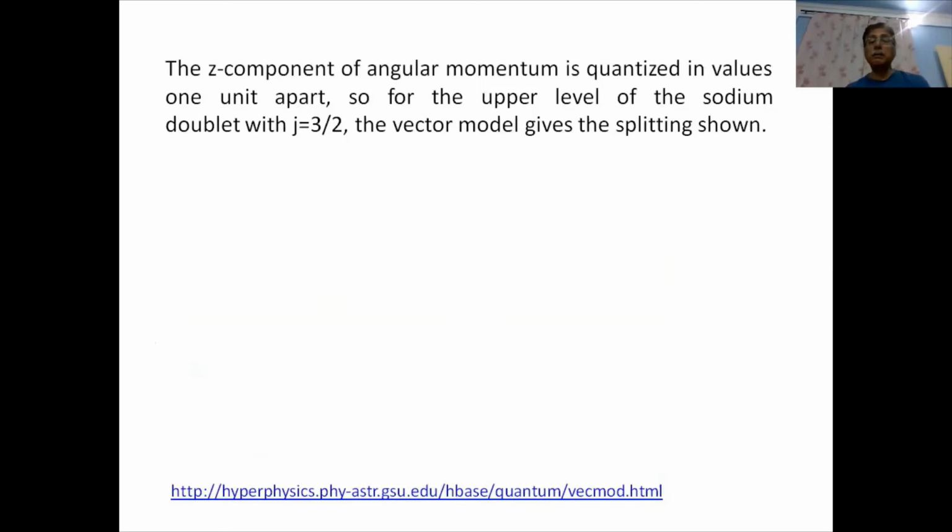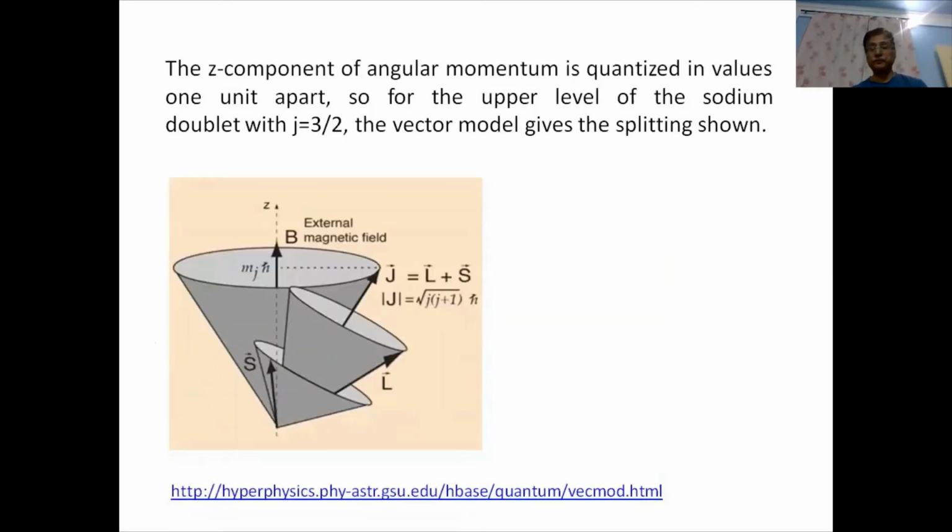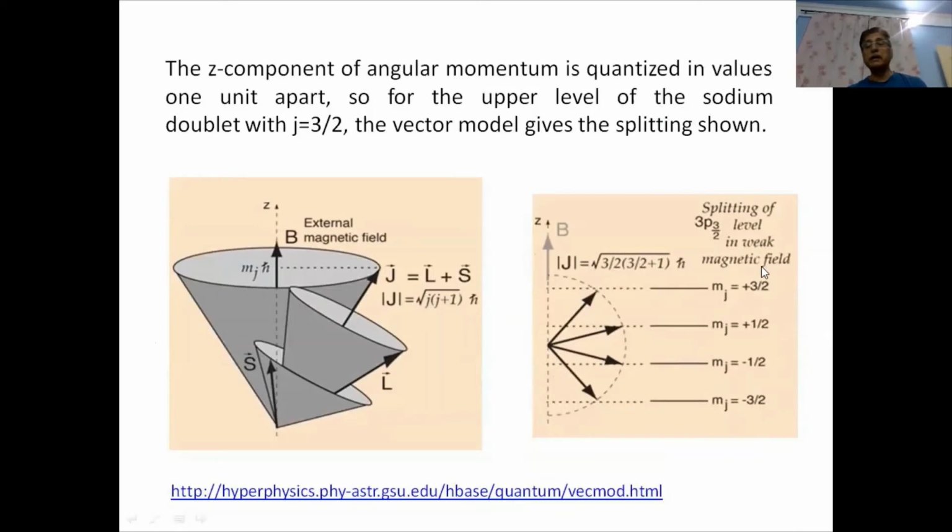So for the upper level of the sodium doublet with j equal to 3/2, the vector model gives the splitting shown. Now you can see here that for j equal to 3/2, we have values of mj equal to +3/2, +1/2, and -3/2. And this is S, this is L, and this is the resultant J, which is precessing about the magnetic field.